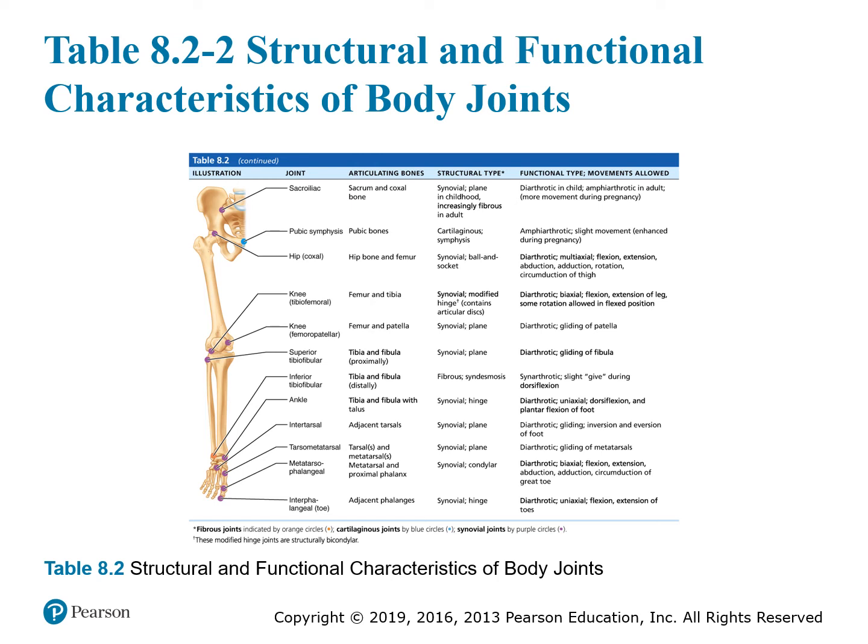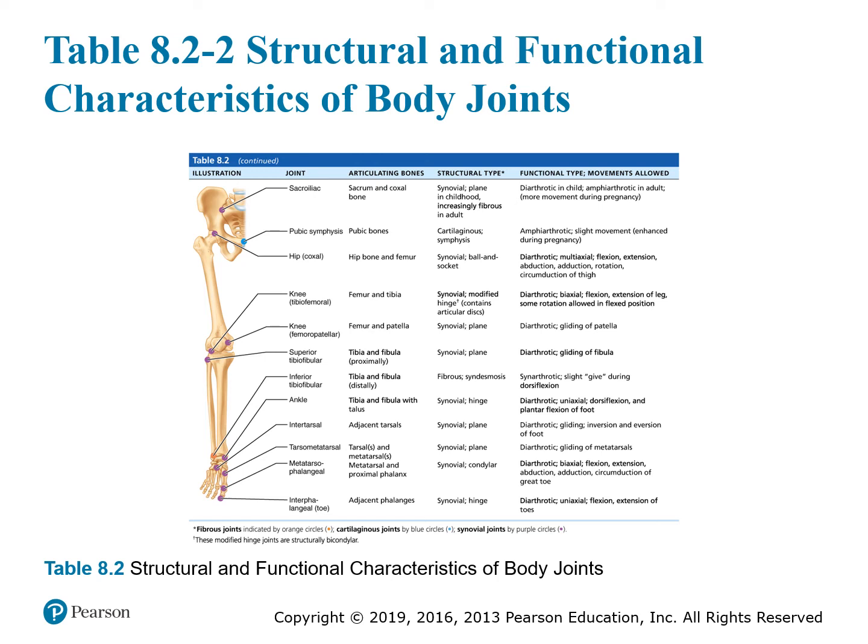The tarsometatarsal joint consists of the tarsals and metatarsals, and also the metatarsal and proximal phalanges. These are synovial joints, also known as condylar joints. Functionally, they are diarthrotic, biaxial. Movements include flexion, extension, abduction, adduction, and circumduction of the great toe.